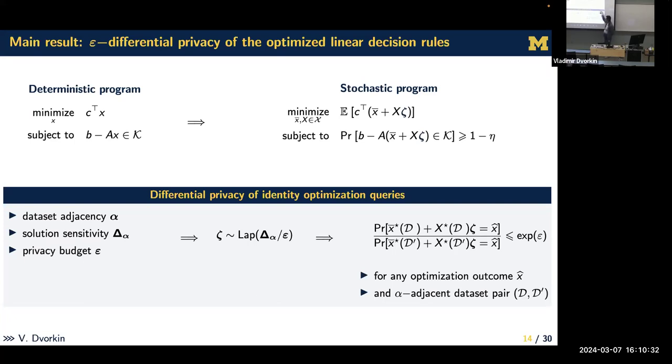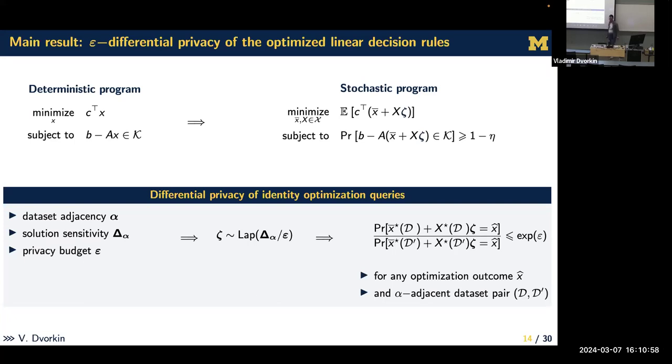You shrink the feasible region for the nominal solution x hat. So if you have too small epsilon and too small eta, you have too much noise to accommodate in a very small feasible region. The solution to this problem will be infeasible, meaning that using this framework you cannot provide the required level of privacy at a required level of feasibility.